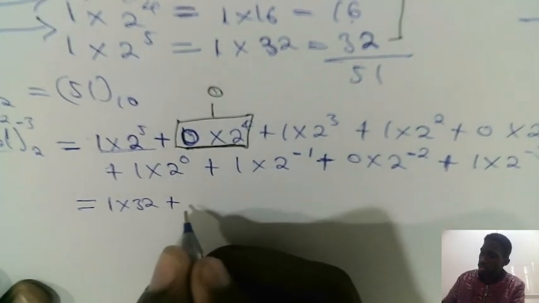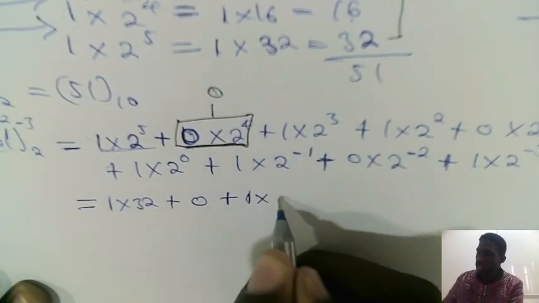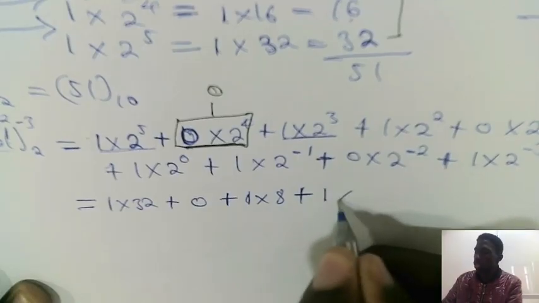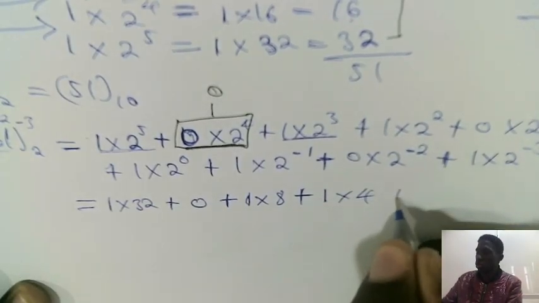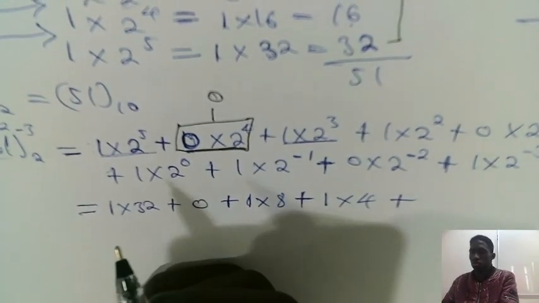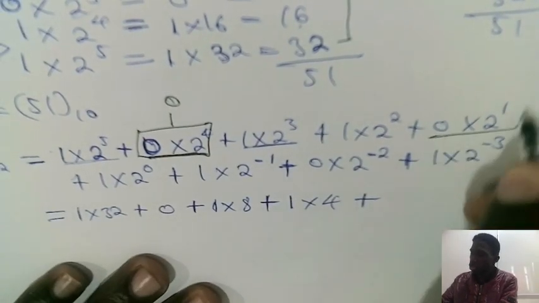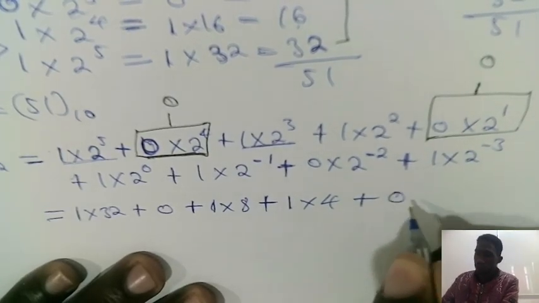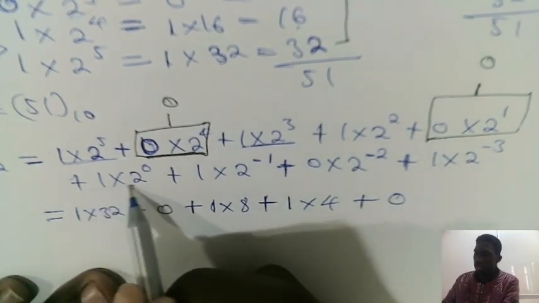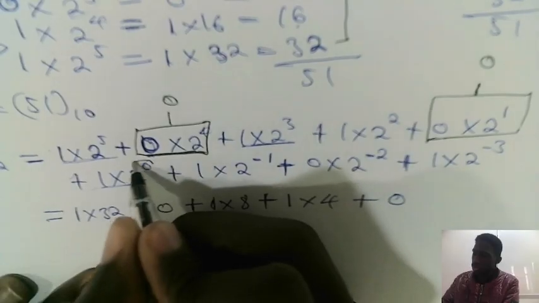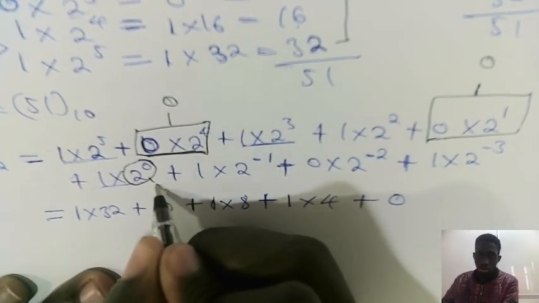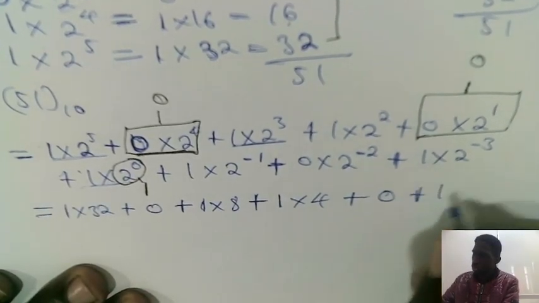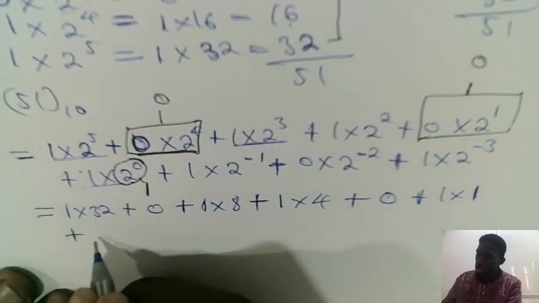So that's 0 plus 1 times 8, 2 to the power 3 is 8, plus 1 times 2 to the power 2 is 4, plus again you come across 0, 0 times anything is 0, so plus 0. Then here you come across a 1, this is 1 times 1, 2 to the power 0 is 1. So plus 1 times 1 plus 1 times.